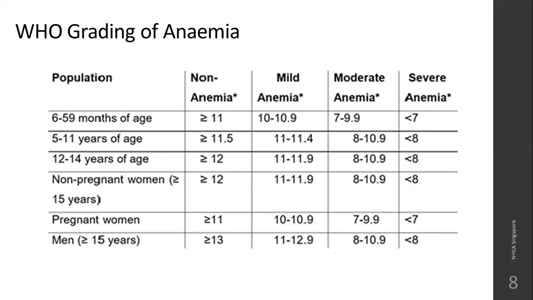The Weekly Iron Folic Acid Supplementation program, WIFS, is the name of it. It is now integrated with primary healthcare services and the school health program. So every week, adolescent girls and boys will get their folic acid and iron supplements. And daily folic acid and iron supplement is advised in pregnancy and lactation.